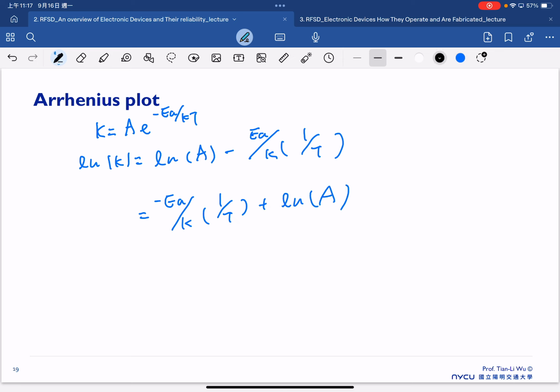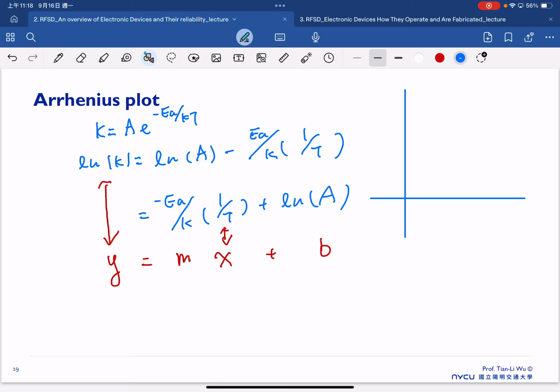As long as we build up the equation as y equals mx plus b, y would be ln k and x would be 1 over T. Therefore we can simply make the graph here, with ln k on the y-axis and 1 over T on the x-axis.